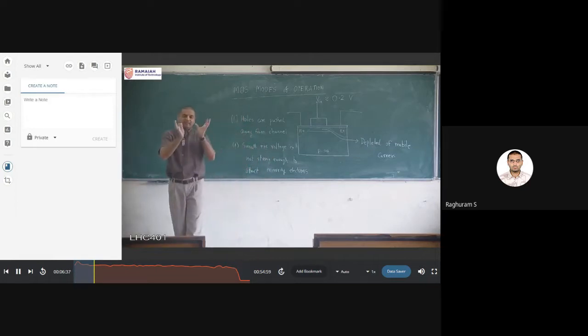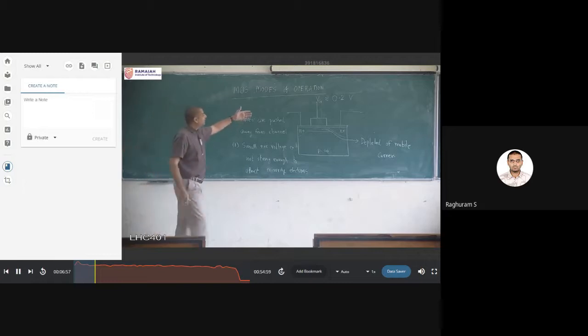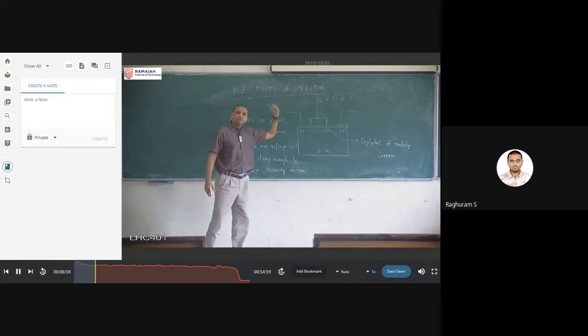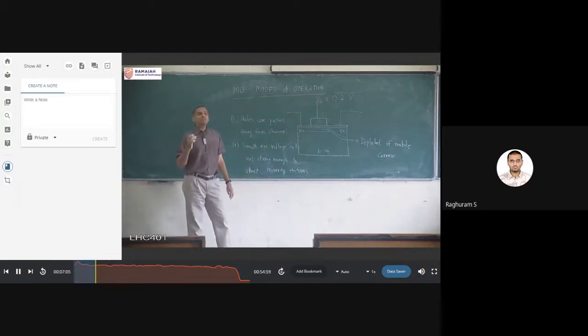Generally, when you look at any substrate, it might be p type or n type, there will be some holes, there will be some electrons. Here the holes are getting pushed away, so only electrons are there, but because they are so low, 10 power 17 per centimeter cube only, nothing extra is getting attracted because the positive voltage magnitude is very less. So this region, the channel region, becomes a depletion region.